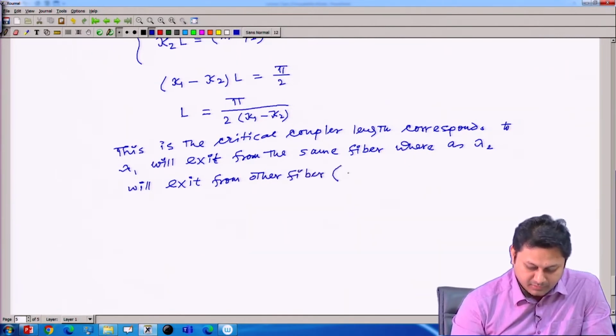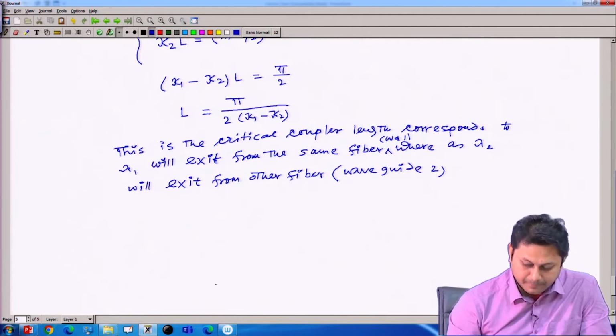Other fiber means waveguide 2. Same fiber means waveguide 1.